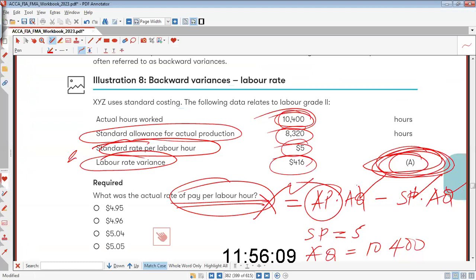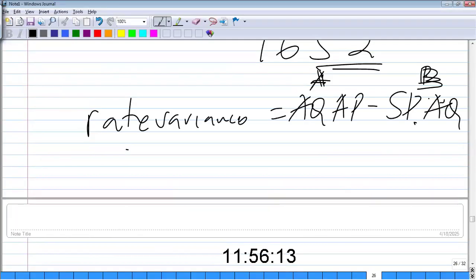They said it is adverse, which means our actual was greater than the budget. So if we arrange it this way, this side is positive, because this is greater than that.